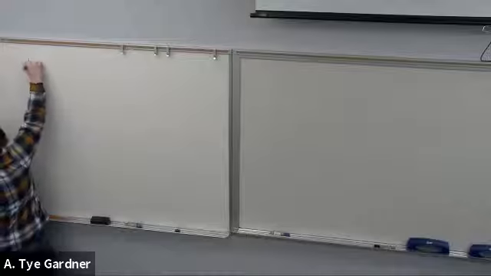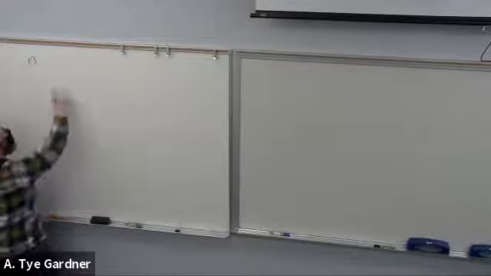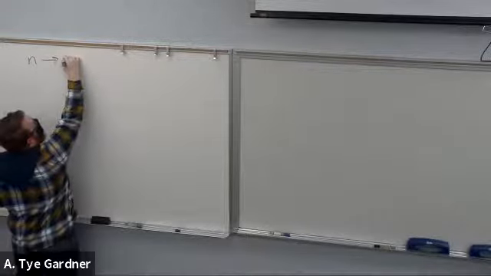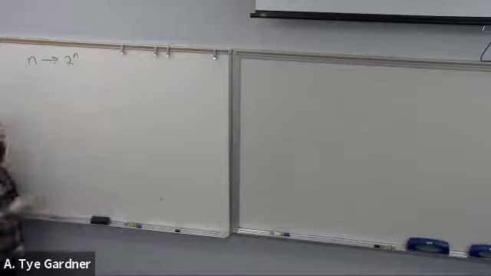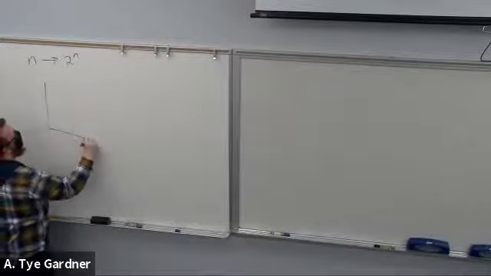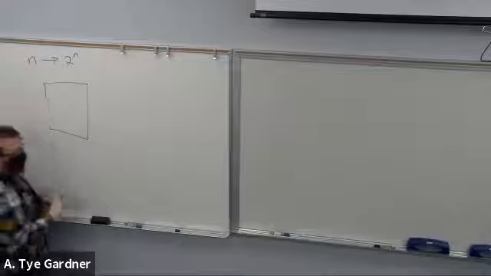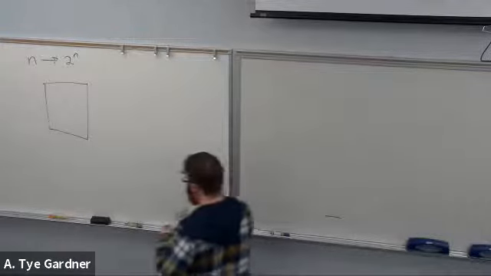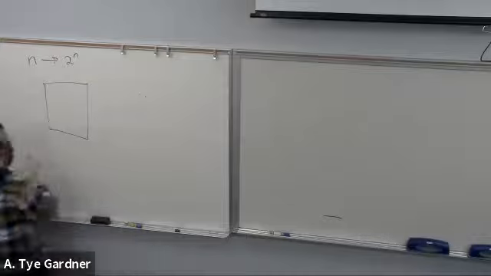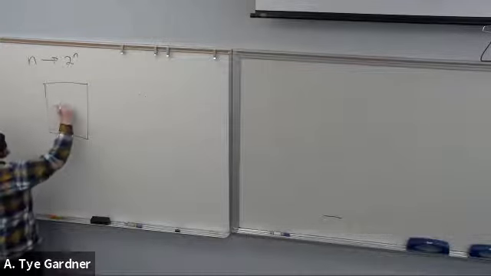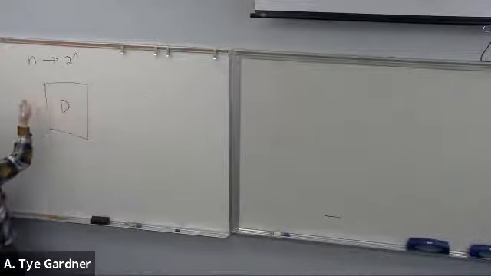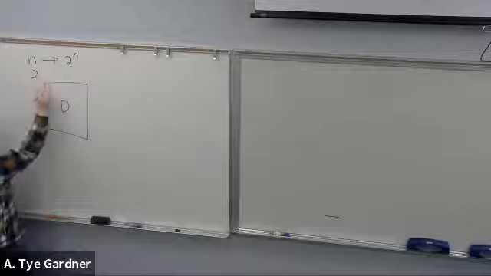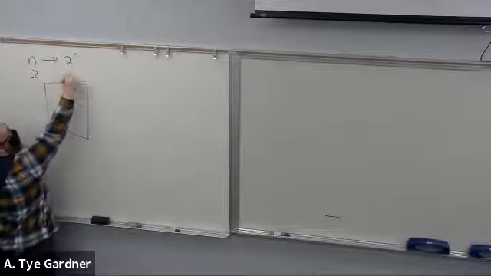Another way of saying it: it takes n inputs and outputs 2 to the n potential outputs. So for this type of decoder, I'm just going to use D for decoder. And let's say we're going to do 2 to the n is 4.